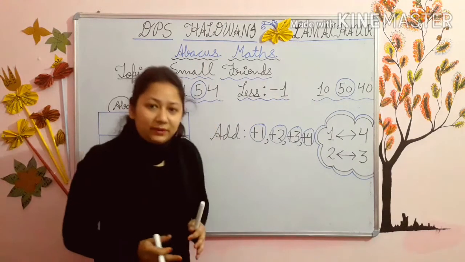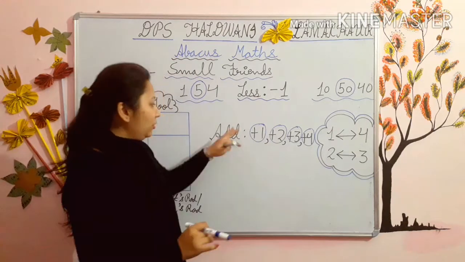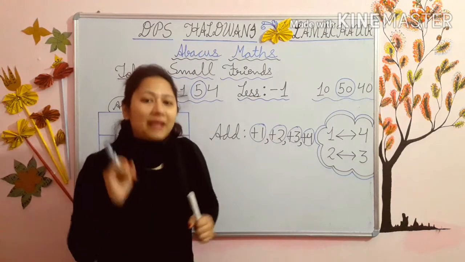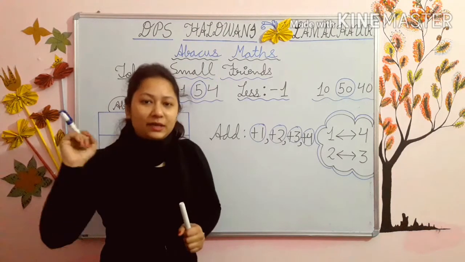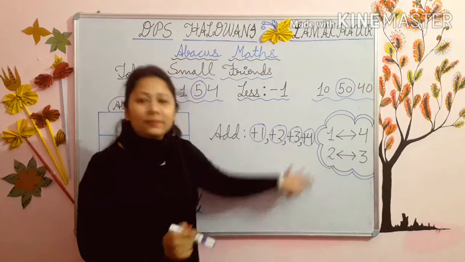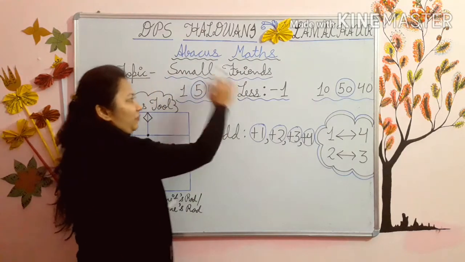Means we have done the sums related to plus 1, plus 2, plus 3, plus 4. In those sums, there is a lack of bead of 1, 2, 3 and 4, and we learned how to add these numbers with the help of small friends.